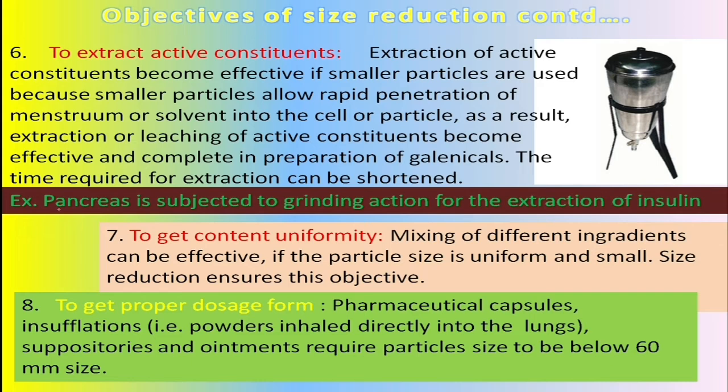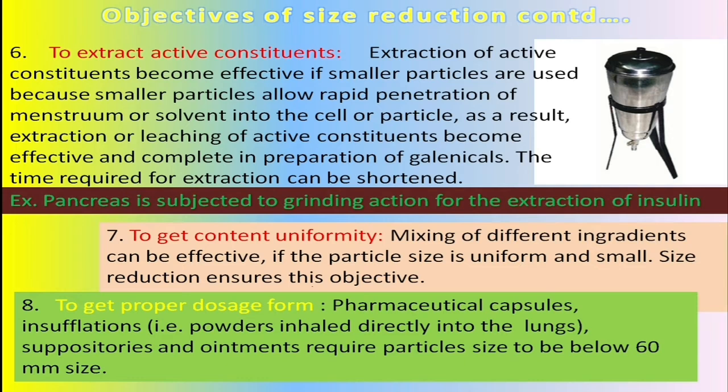For example, the pancreas is subjected to grinding action for the extraction of insulin. So for extracting insulin, we grind the pancreas and after that we extract it. Number 7, to get content uniformity. Mixing of different ingredients can be effective if the particle size is uniform and small.